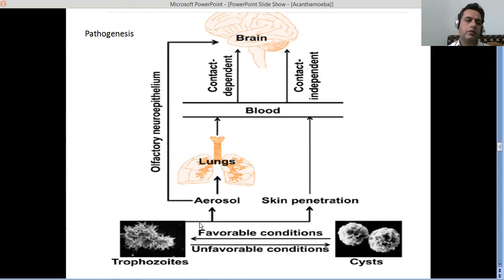And the trophozoites, after penetrating the skin, can also get into the blood and then travel to the brain tissue, where they would cause inflammation of the brain, or GAE, granulomatous amoebic encephalitis.